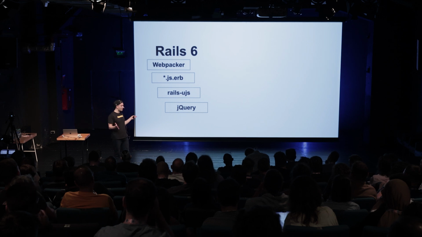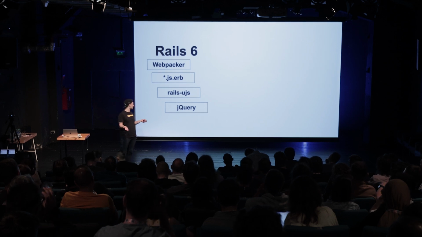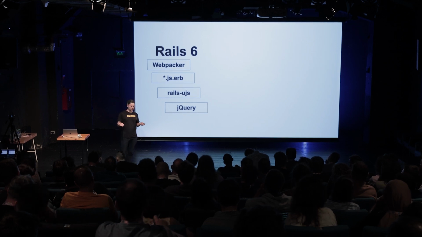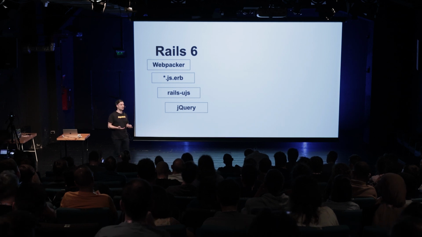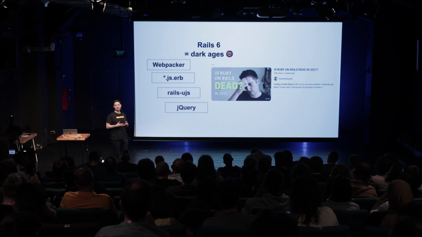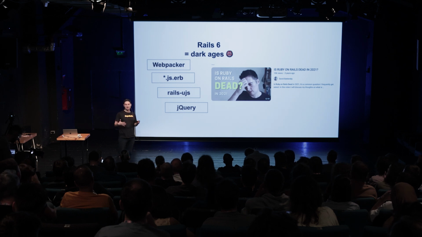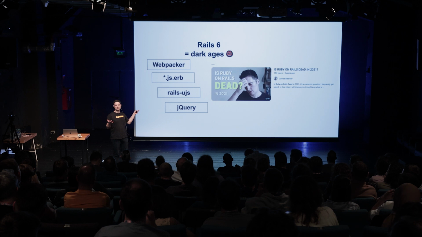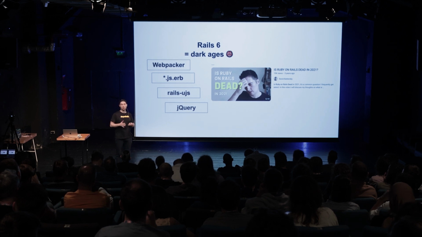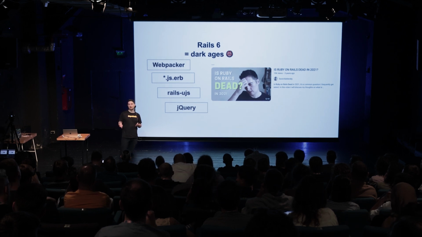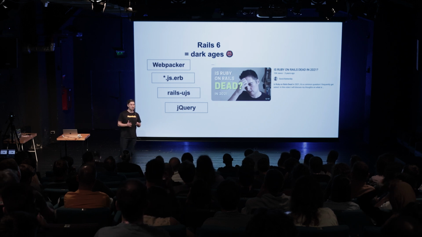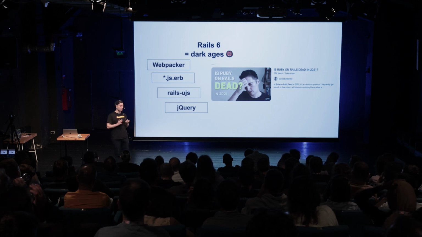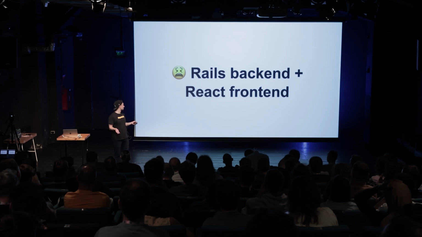We were using Webpacker, JS.ERB, Rails.js, jQuery, and writing frontend did not feel great, did not feel maintainable, and many people used React for the frontend, Rails for the backend, and I think this was the sentiment of this kind of videos. So Rails backend was always good, and in my opinion, it hasn't changed much in the last 7-8 years, but the frontend has improved a lot over these years.